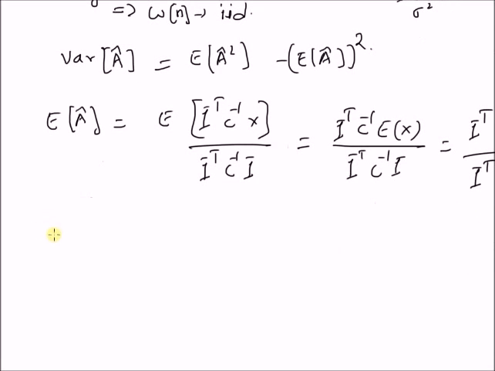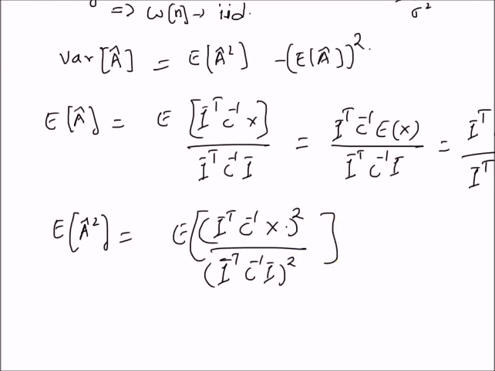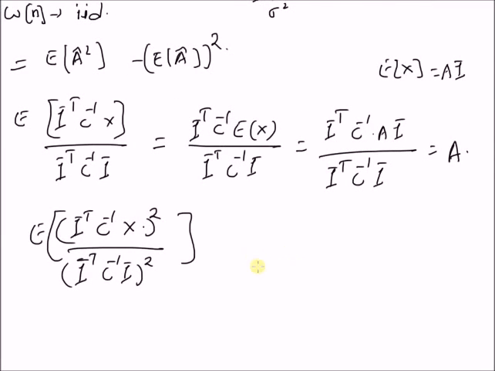Now let us look at its second moment, that is expectation of A hat squared, which is equal to expectation of 1 bar transpose C inverse x whole squared divided by 1 bar transpose C inverse 1 bar whole squared. Since the denominator is a deterministic value, we can take it outside the expectation.